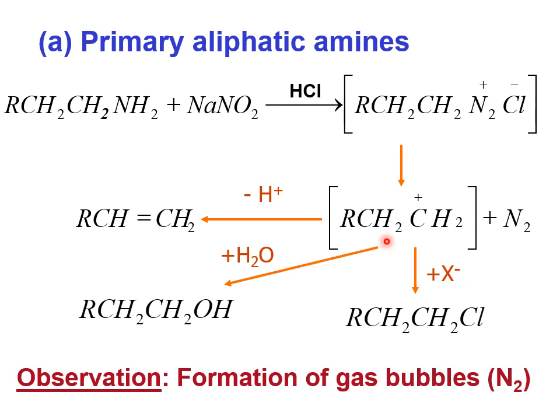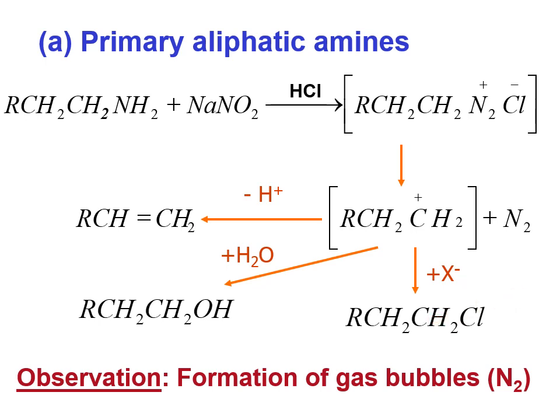As it's going into stabilization, the carbocation loses one proton to become an alkene, reacts with the aqueous environment in the solution to form an alcohol, and also reacts with the chlorine coming from the diazonium salt and also HCl to form a haloalkane.